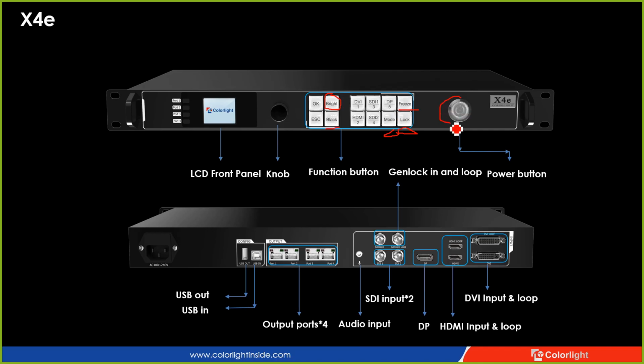Okay, here this is a power switcher. And on the back side of X4E, we see the USB out, USB in, the same function as X4S, and 4 output ports. And we added the audio input on the X4E. These two are the Genlock and the Genlock loop.